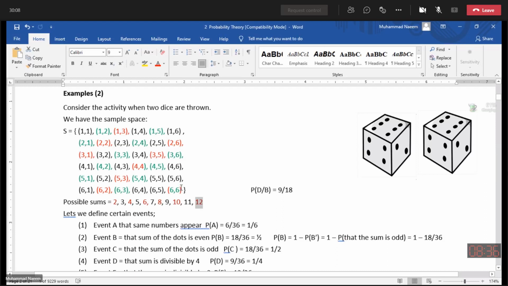So how many ordered pairs are corresponding to 4, 8 and 12? They are 1, 2, 3, 4, 5, 6, 7, 8 and 9.